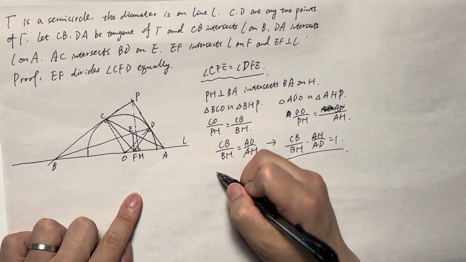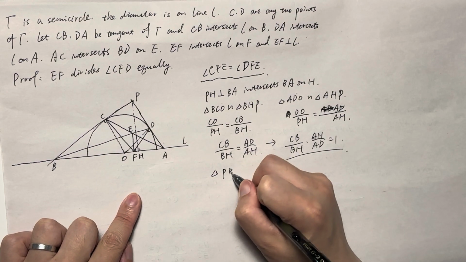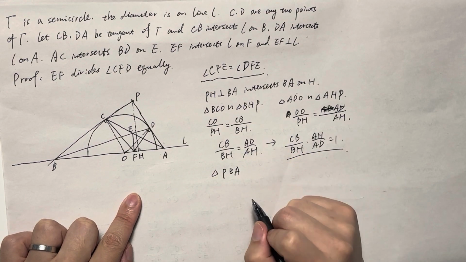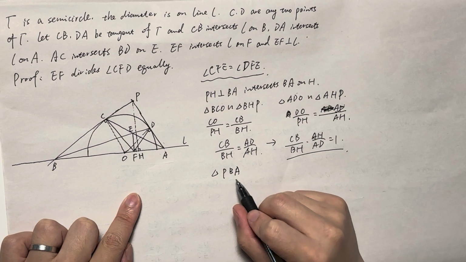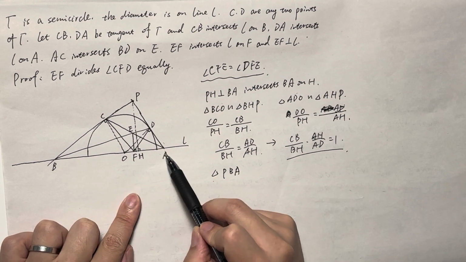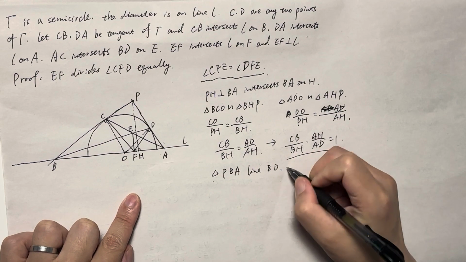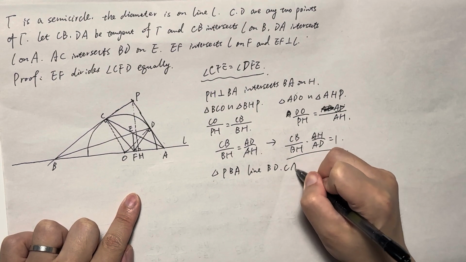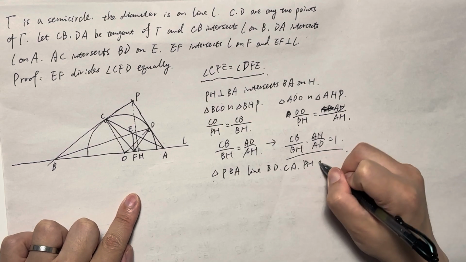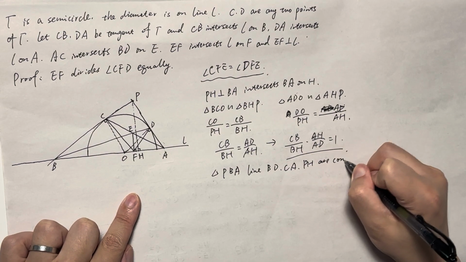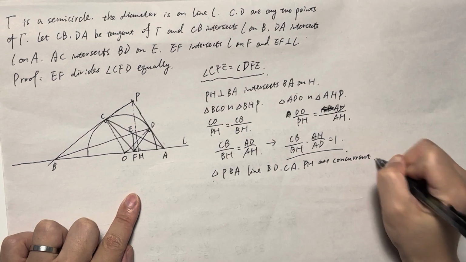So for the triangle PBA, the lines BD, CA, and PH are concurrent. Why?